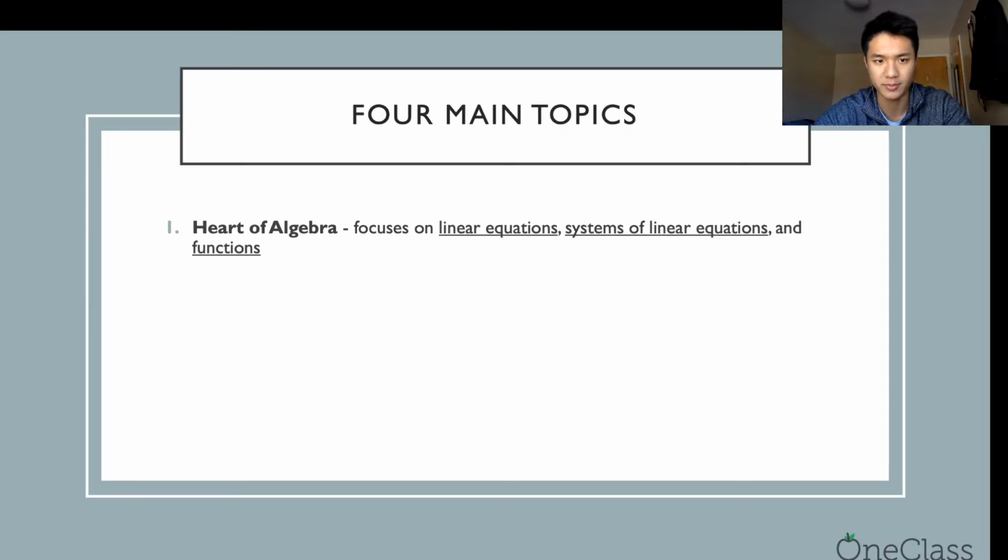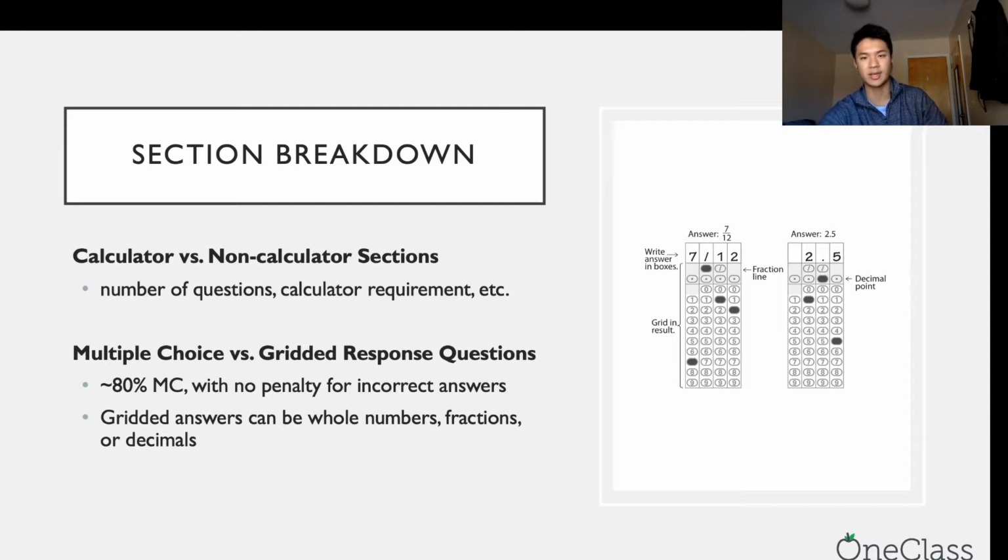It can be a whole number, a fraction as we see here, or a decimal, and you should be prepared to see that on SAT test day, because it's guaranteed to be there. Again, these are a minority of questions, roughly 20%, but they will definitely be there. And there's no process of elimination for a gridded response question, because you aren't given answer choices. So that's a good breakdown of the split of the structure of the test.